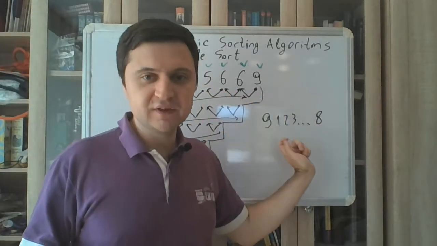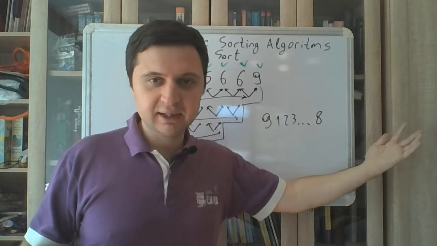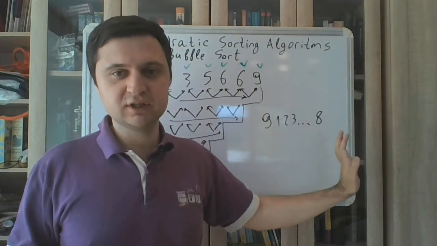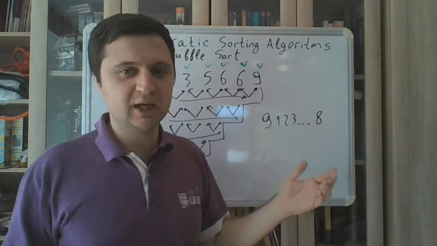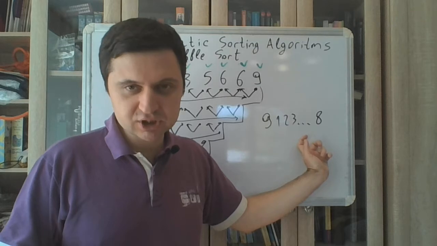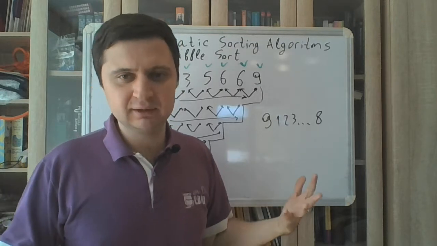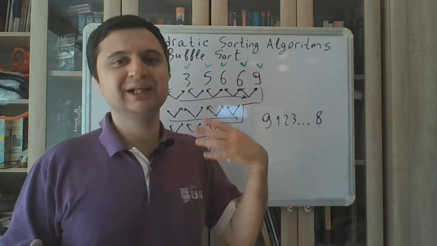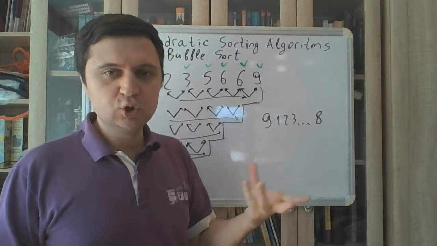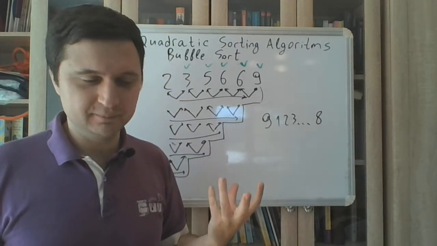So on this array we swap a 9 into its wonderful position, we check in the second iteration that everything is good, and we stop in linear time. So we do n comparisons plus n minus 1 comparisons. It's about 2n operations, which is linear time. So on an array of such structure, the bubble sort works linearly.